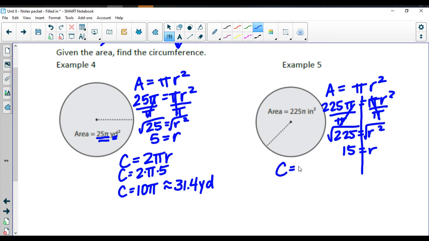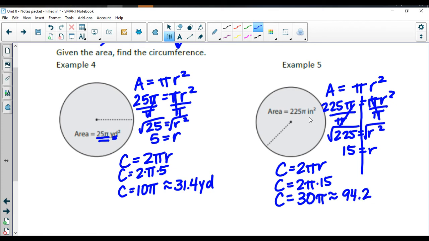I now need to find circumference. So 2 pi r is my formula. 2 times pi times 15. So for circumference, this one's going to be 30 pi if I'm leaving it in terms of pi. And if I change it over to a decimal, this will be about 94.2. Units here were inches. So for circumference, this is just linear, so it is going to be inches as well.